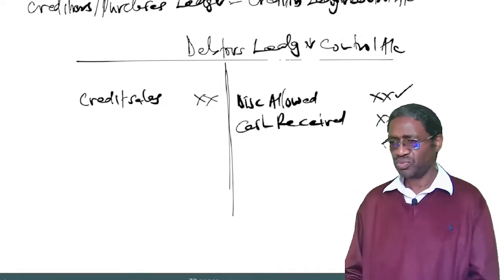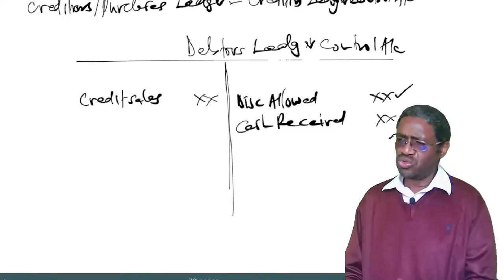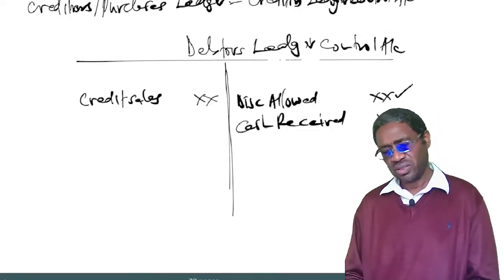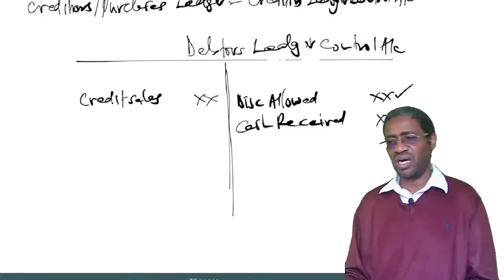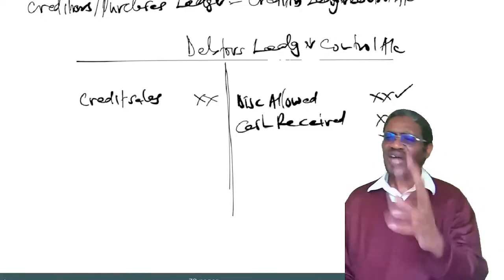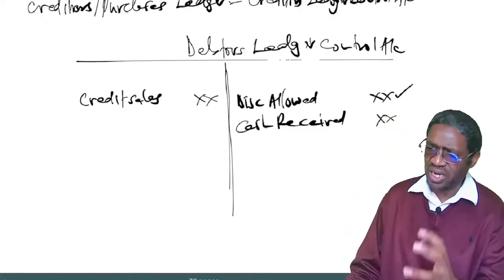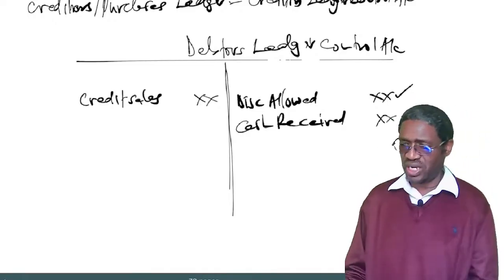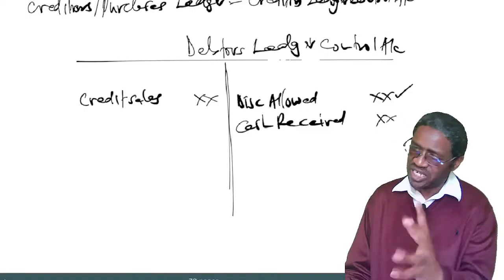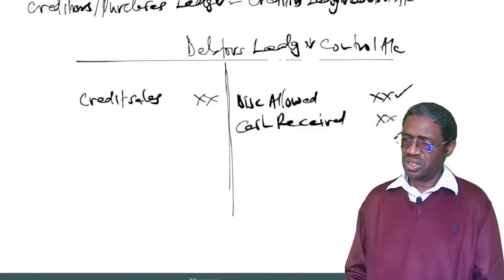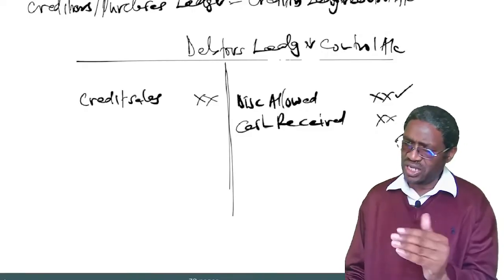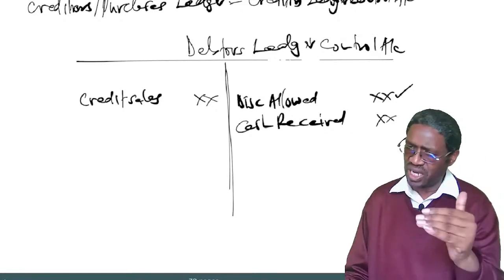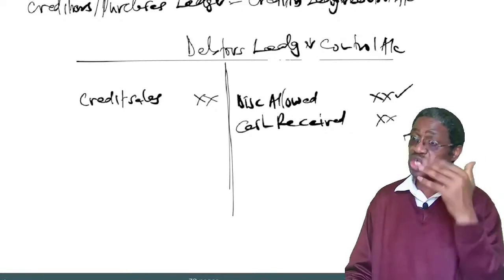Another one. You sold goods to your customer on credit and you debited the debtors account. If that debtor is declared bankrupt, I remember we discussed it, that debtor must be written off. To write off that debtor, remember you debited his account when you sold goods to him to charge him.